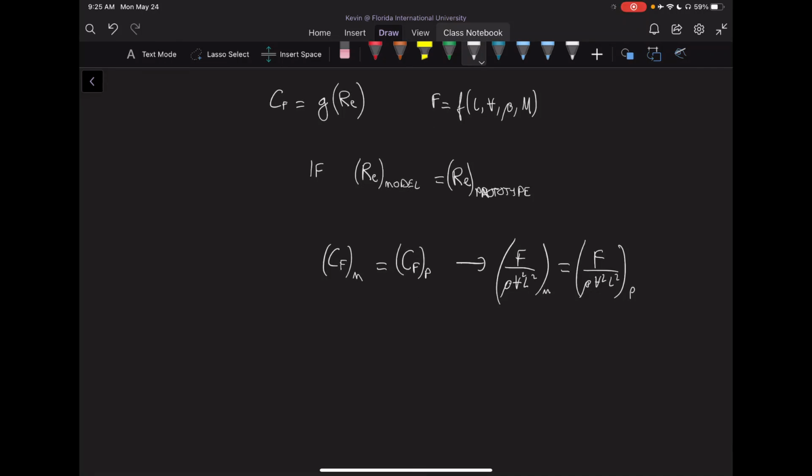And that means that we can rewrite the equation in terms of force.